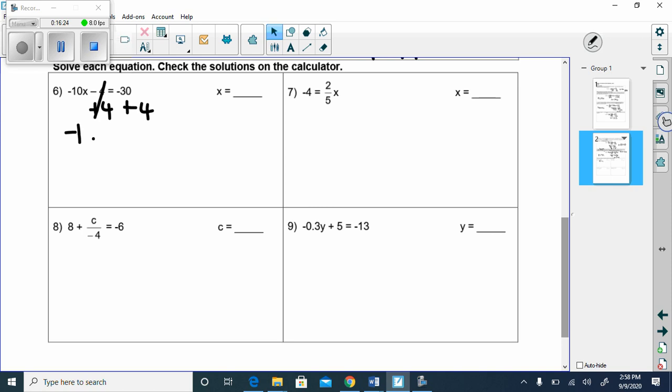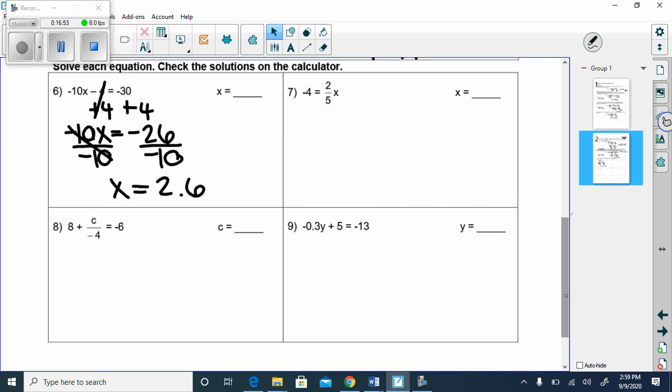So now I have negative 10x equals negative 26. Good. And then what? And I get, awesome.